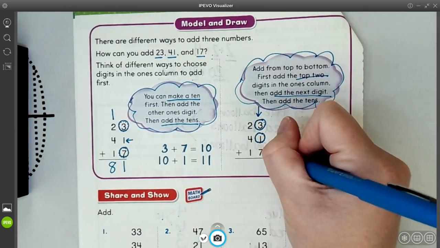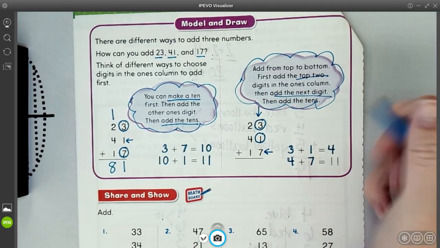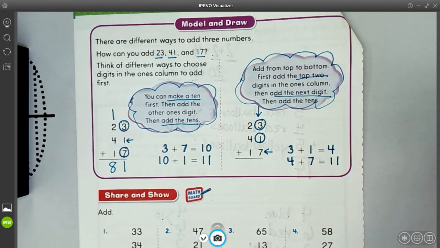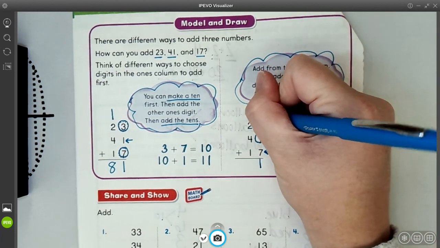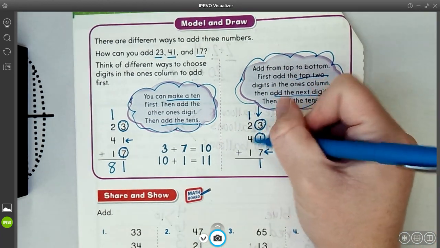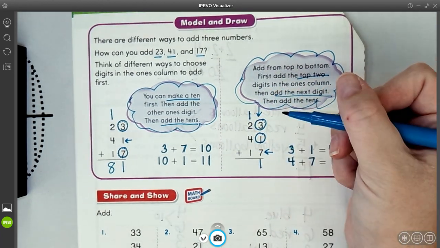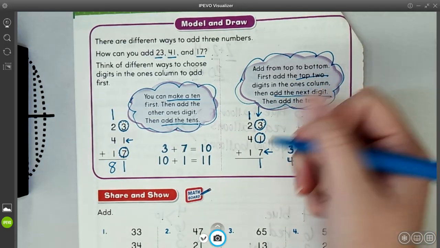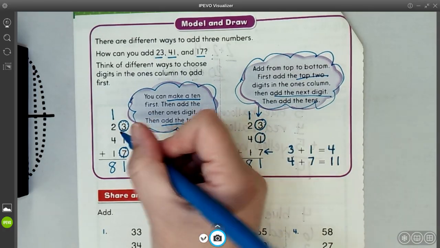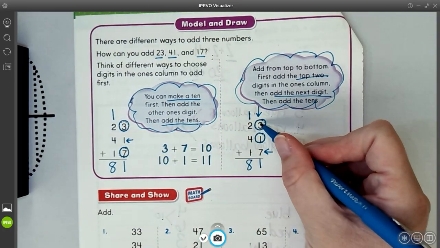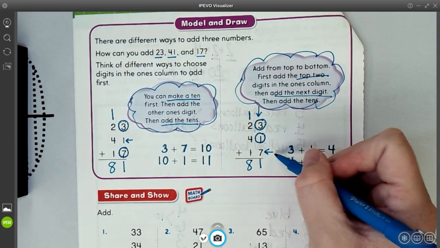And then we add that 4 to this 7. 4 plus 7 equals 11. Again, when we have 11, that means we have 1 one, 1 ten, and we add straight down again. 1 plus 2 equals 3, plus 4 equals 7, plus 1 more equals 8. So we can either try to make a 10, or we can add the first 2 digits, then add the third one.